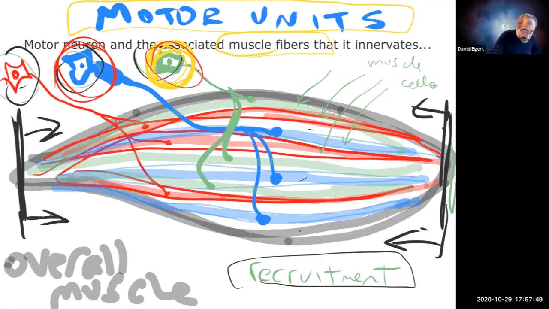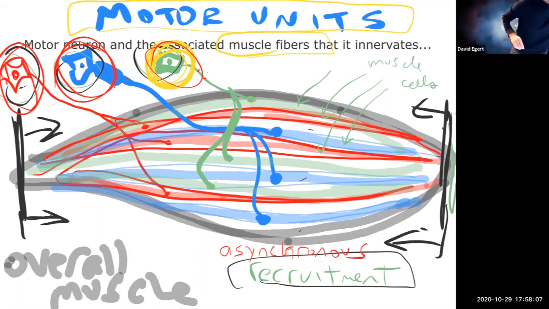And then when this is fatiguing, let this one take over and let that one recover. So this idea of asynchronous recruitment means that you have different muscle fibers that are rotating in and out, so one group can recover while another one takes over. So we never actually see the fatigue happening.